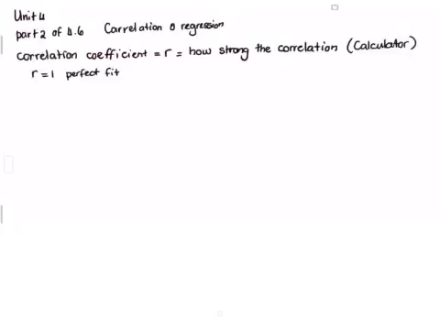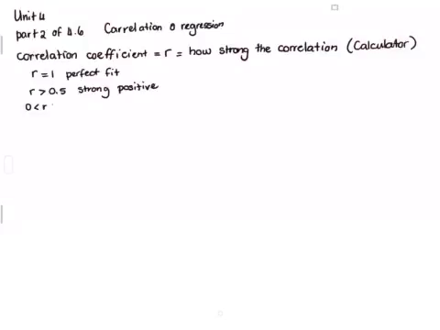But if it is close to 1, so say it is larger than a half, then you would say it is strong positive. Meaning positive, meaning as your x increases, your y increases. And strong means all those points lie quite closely to the straight line, relatively closely.